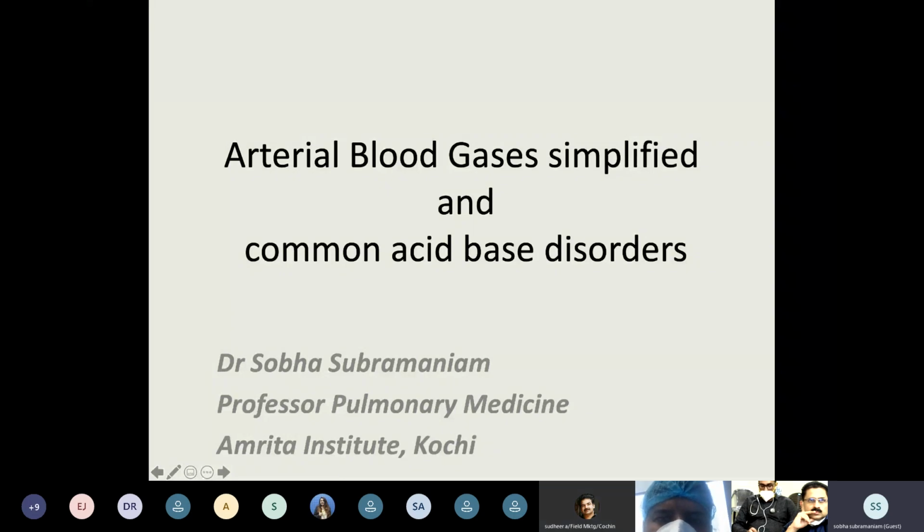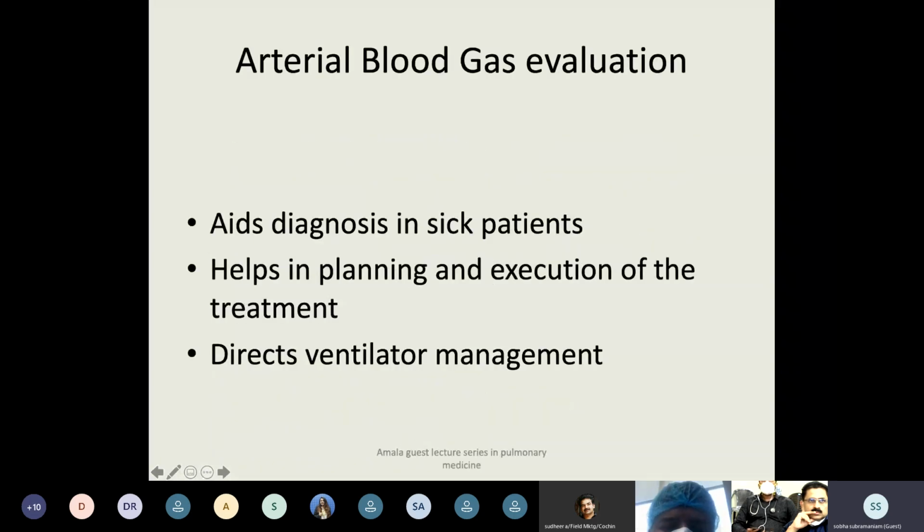Arterial blood gases form an important investigational tool for very critically ill patients. It can be done in the medical wards, in the ICU setup, in the post-operative care room, in the emergency room. A good knowledge of arterial blood gases is a must for all physicians, especially the pulmonary physicians, as well as intensivists and anesthesiologists.